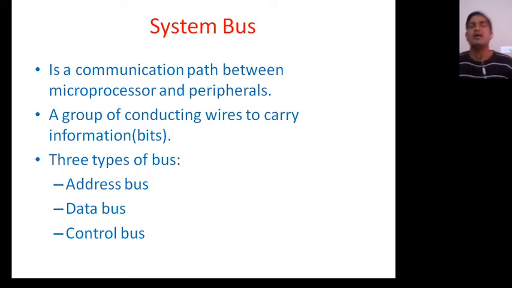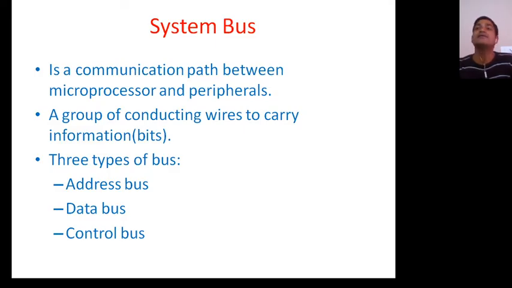So the address bus is unidirectional. The address bus is always unidirectional because the postman needs to search for the house number and lane number in one direction only. Similarly, when I am dialing my friend's number, I need only his mobile number, which is the address.